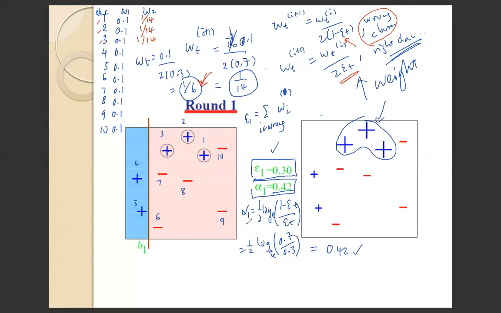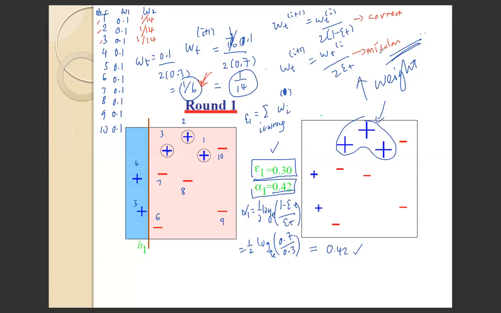Wait, I think I swapped the two things. So this one is the misclassification, right?